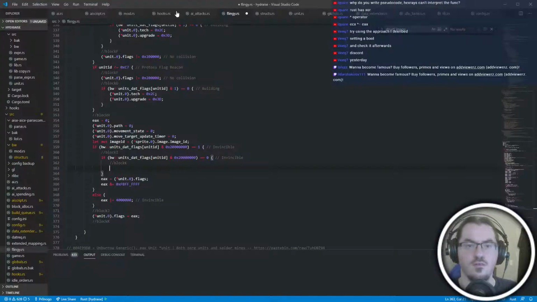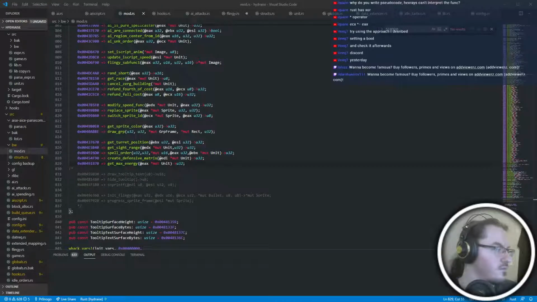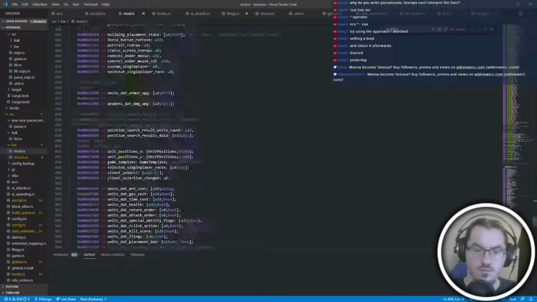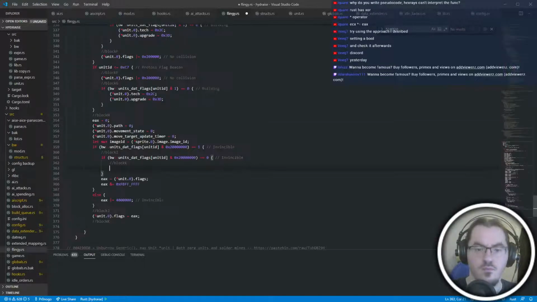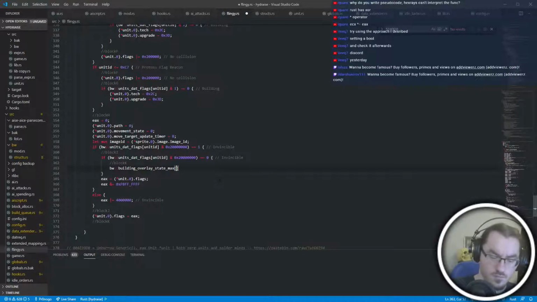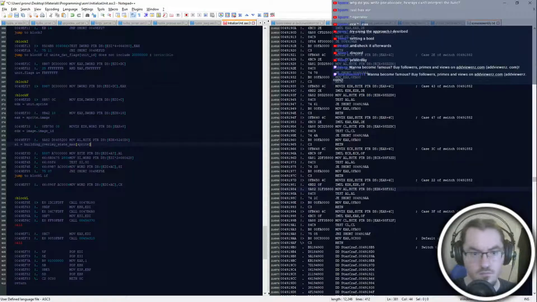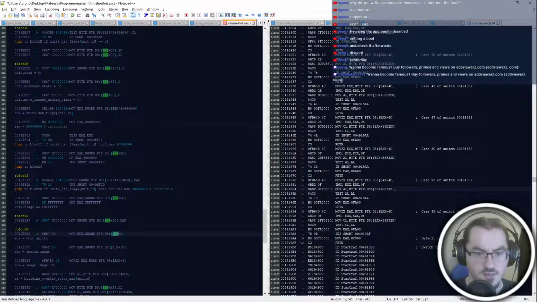So... I just want to make sure EDI is still a unit, but yeah, it looks like it is.